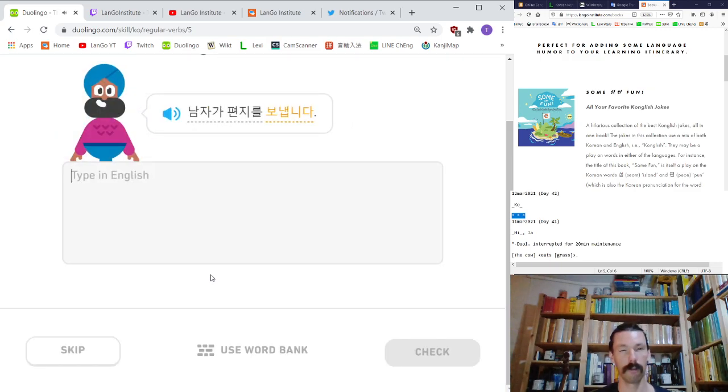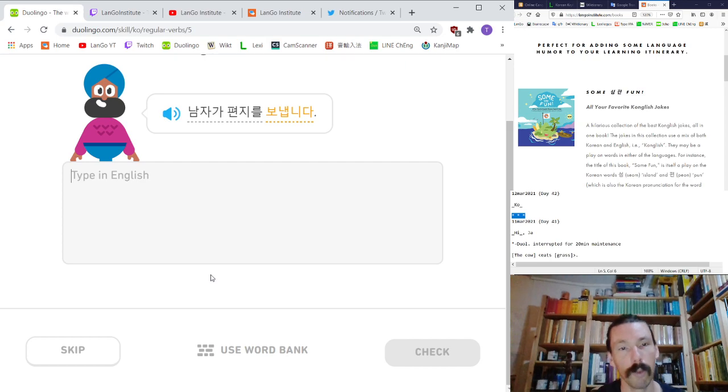남자가 편지를 보냅니다. 보냅니다 means sends. 보내다 looks like a compound of 보다 and 나다 with a valency altering suffix, but that doesn't make much sense. Anyway, 남자가 is the man.